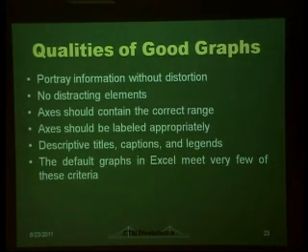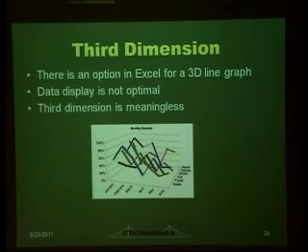An example of that is the scatter plot that we saw earlier. We should always label the axes. When people look at a graph, there should be absolutely no question about what that graph is representing. We should have descriptive titles, captions, and legends. And as we're about to see, the default graphs in Excel meet very few of those criteria. So generally, when you create a graph in Excel, you've got to do quite a bit of modification to make it up to par.